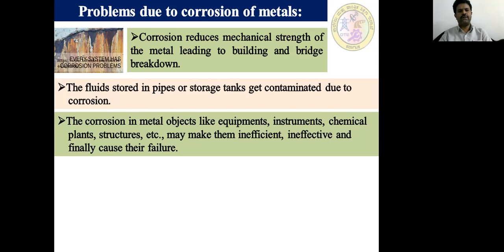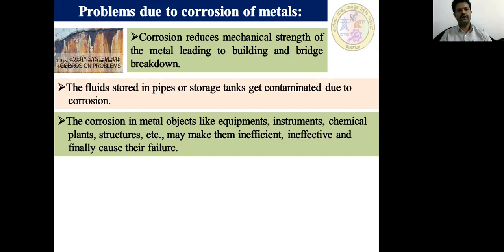The corrosion of metal objects like equipment, instruments, chemical plant structures, etc. makes them inefficient, ineffective, and finally causes their failure.